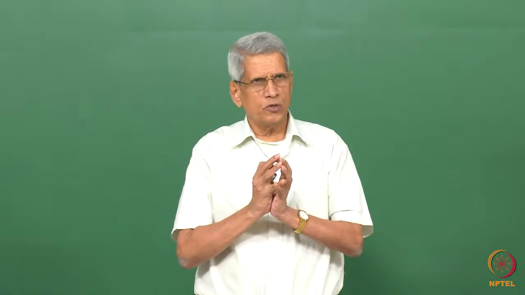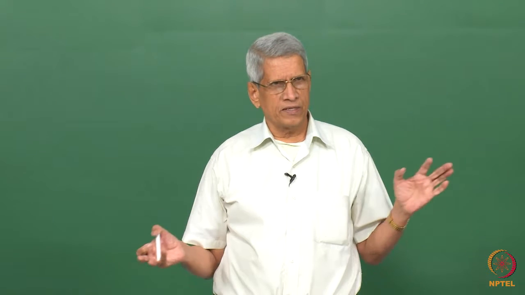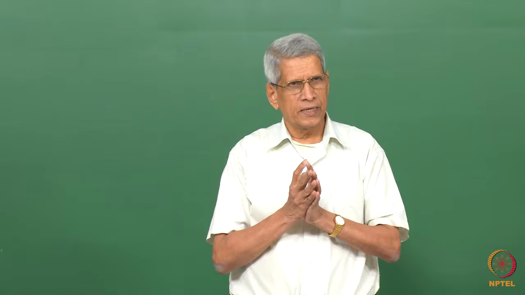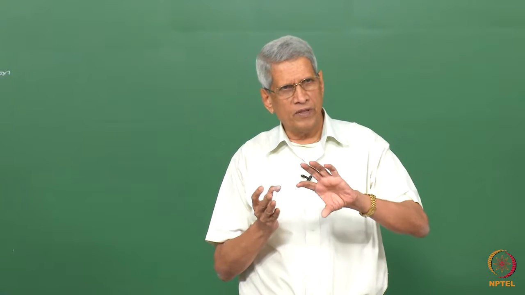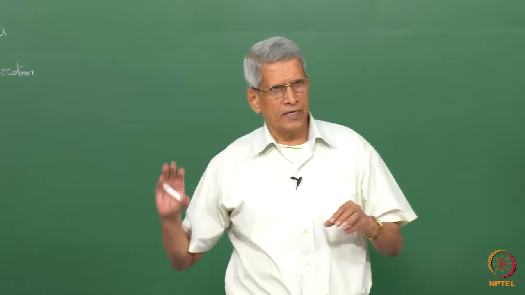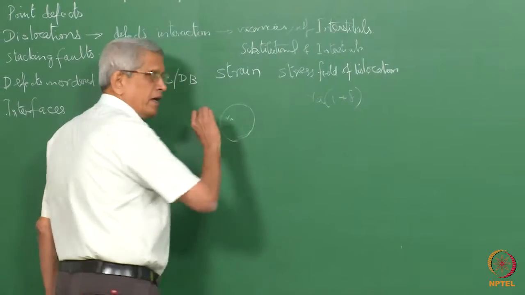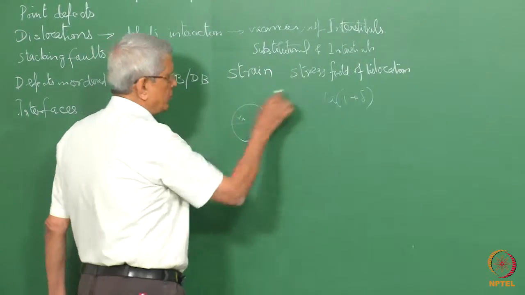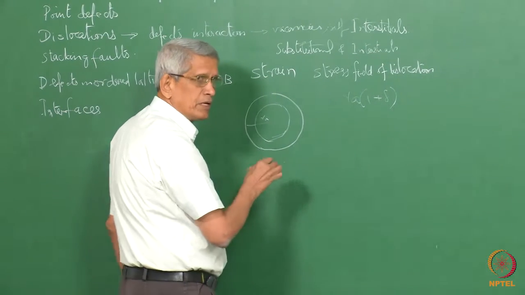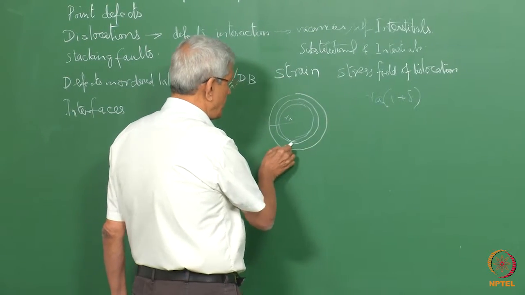But once it has been introduced, the lattice has its own elastic constants associated with it. So what is going to happen is that some part of the strain will be accommodated in the matrix, some into this defect site. So it reaches a size which, instead of R_A plus delta, is finally somewhere in between.